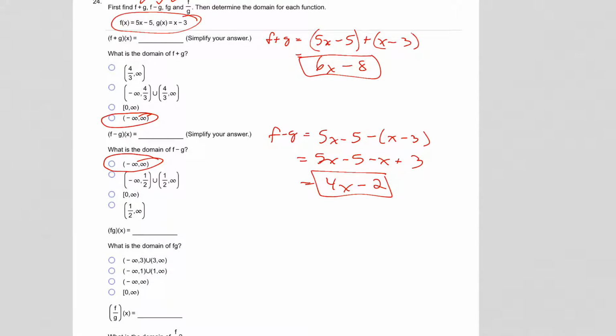Okay, f times g. Okay, so here we just want to FOIL or distribute here.